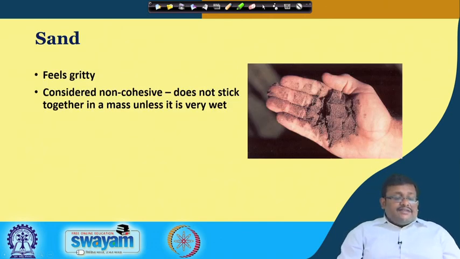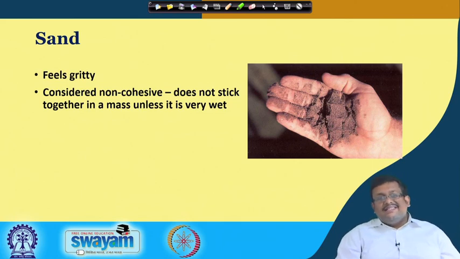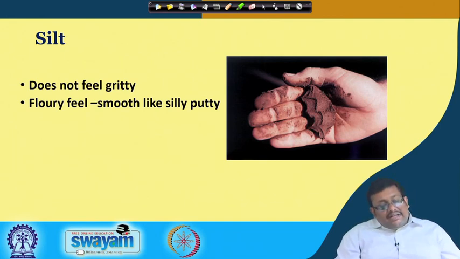In case of sand, it will feel gritty, and it is considered non-cohesive, because it does not stick together in a mass unless it is very wet. In case of silt, it does not feel gritty, but it feels somewhat floury and smooth, like silly putty in your hand when you rub it.